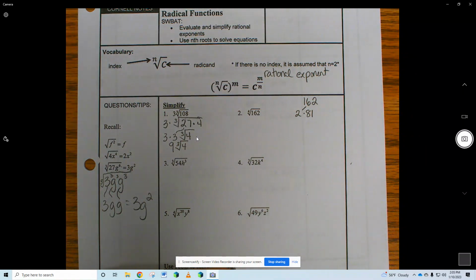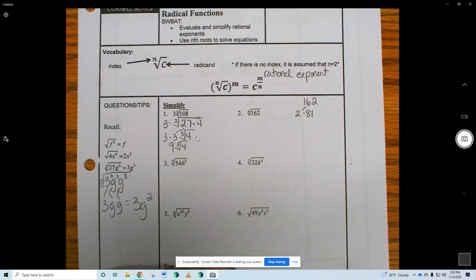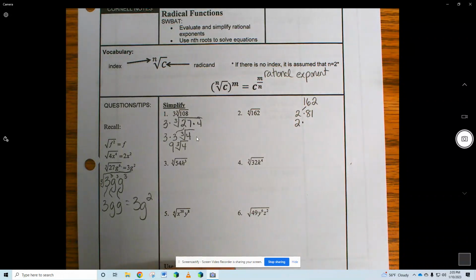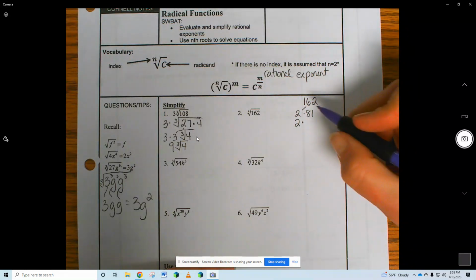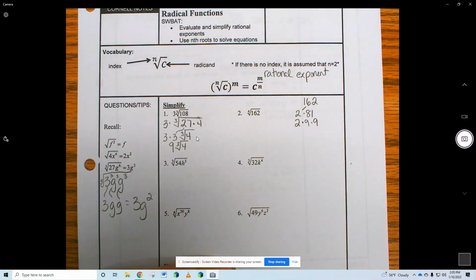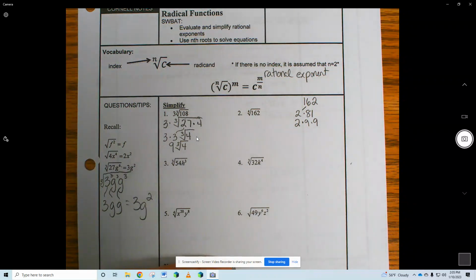I need something that goes in that's multiplied 4 times. So 81 could be like 9 times 9. And so I want something that's multiplied 4 times.